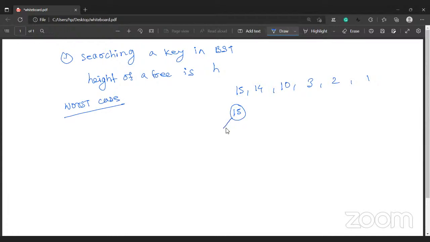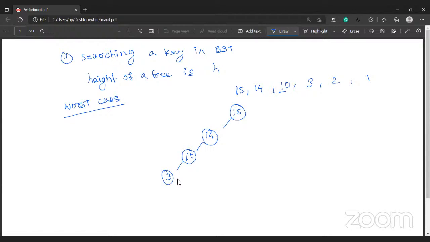So it will go into the left side. Then 10 is less than 15, less than 14, so it will go into the left side. Let's insert 3. It is less than 15, less than 14, less than 10. It will go into the left side.